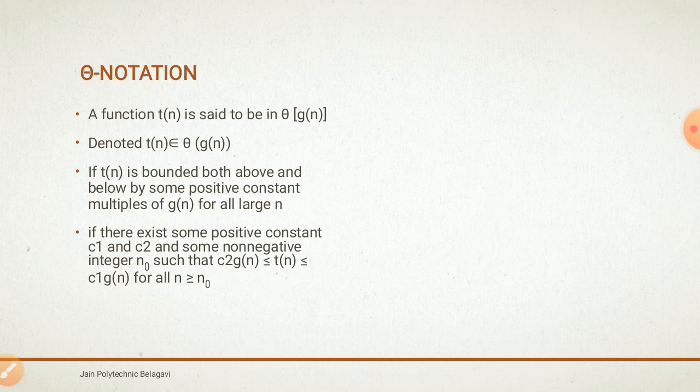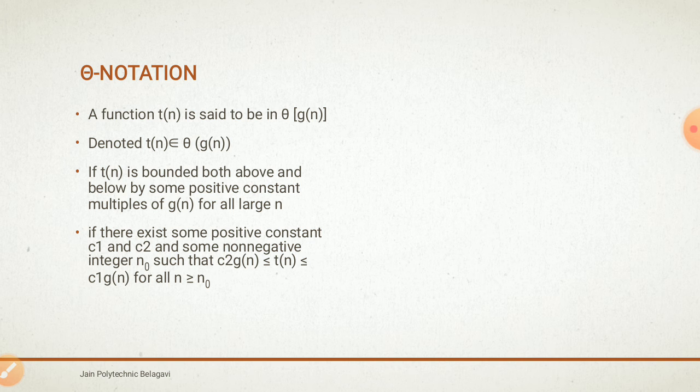That is, there exist some positive constants c1 and c2 and some non-negative integer n naught such that c2 g of n is less than or equal to t of n, which is less than or equal to c1 g of n for all n greater than or equal to n naught.